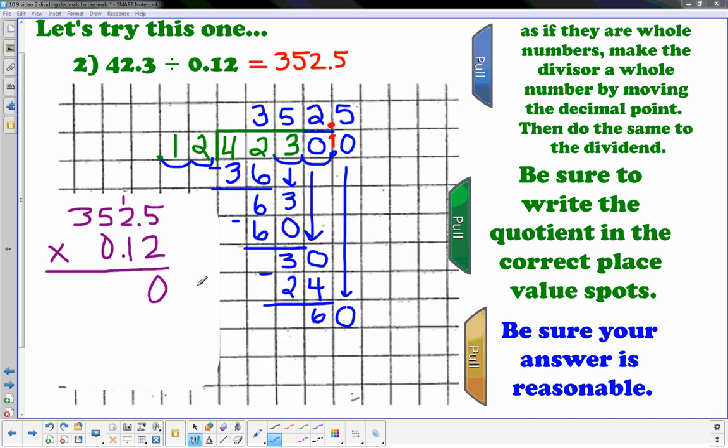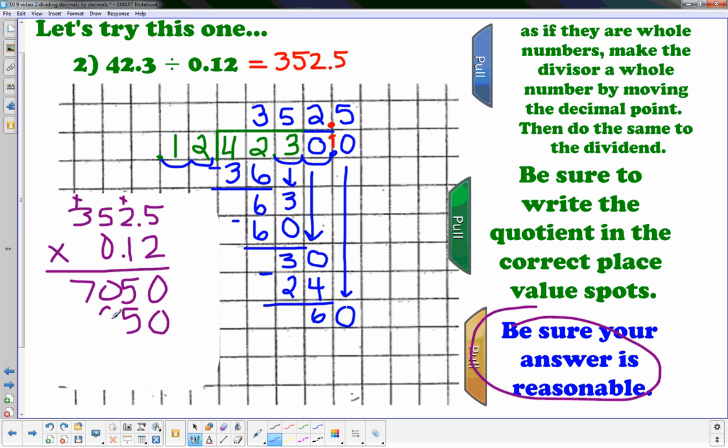All right, I've gotten started. We're multiplying 352 and 5/10 times 12 hundredths to see if that will get me 42 and 3/10. This is checking my answer for reasonableness. So 2 times 2 is 4, plus 1 is 5. Check to see if your work looks like mine. Now multiplying by 1. 1 times 5 is 5.